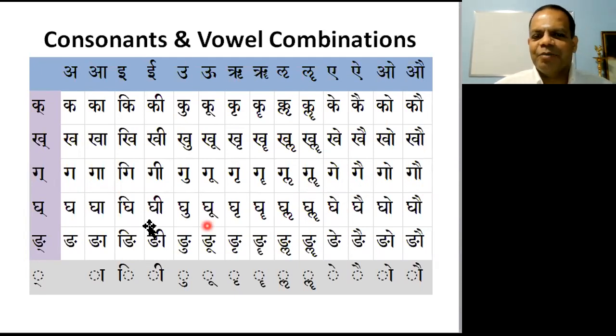But then comes the fourth one. It's effort. You have to be conscious and push air. Gha, ghi, ghu, ghr, ghl, ghe, ghai, gho, ghau.